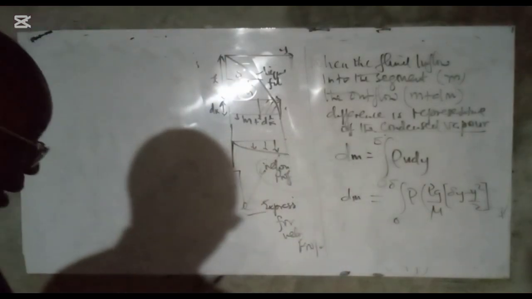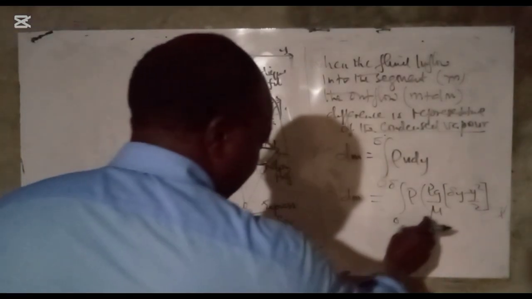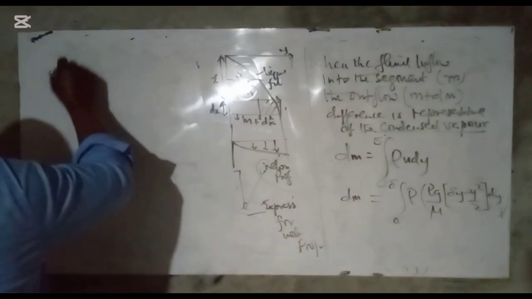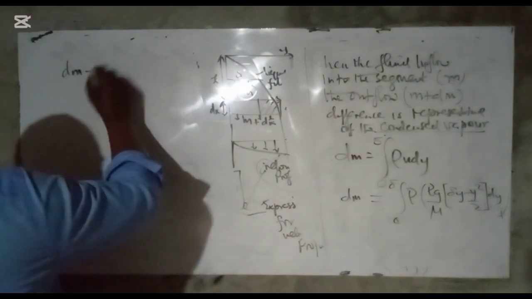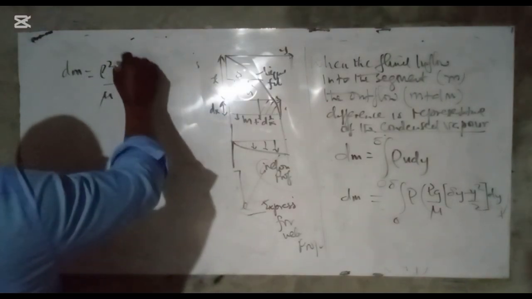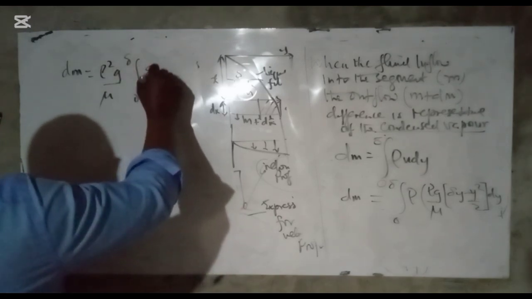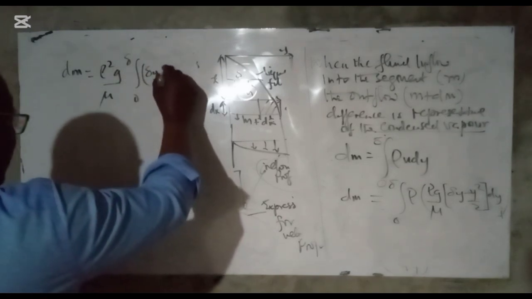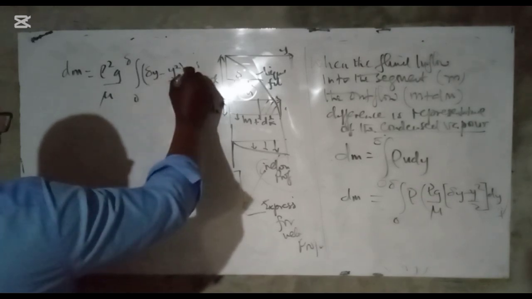Whatever expressions you get must be consistent with what explanations you're giving for that particular system. So let us get the quantities. So dm will be rho squared g over mu, integral from 0 to sigma of sigma y minus y squared over 2 dy.